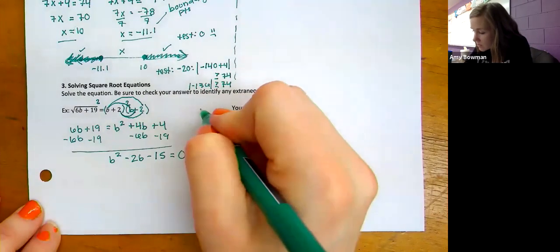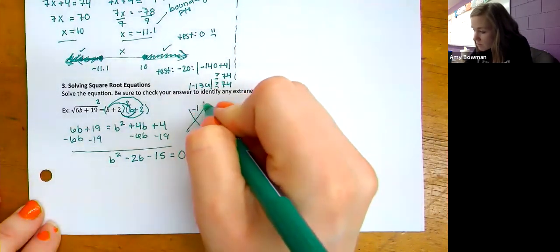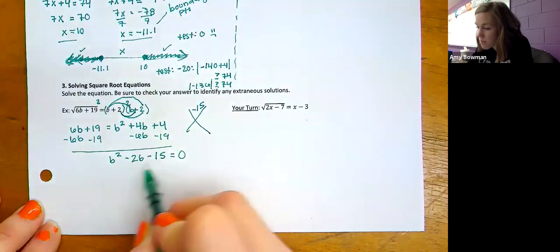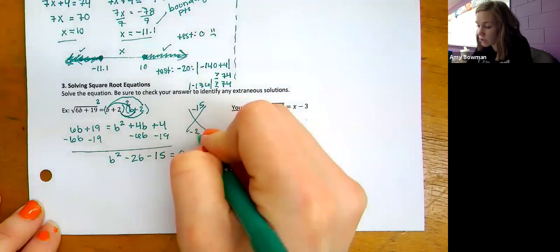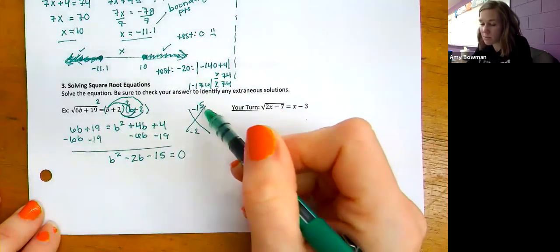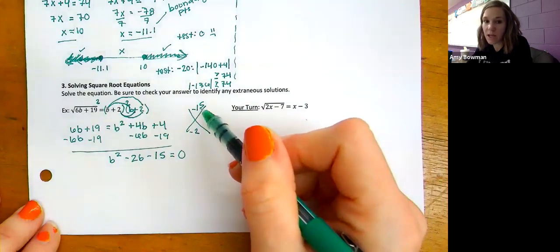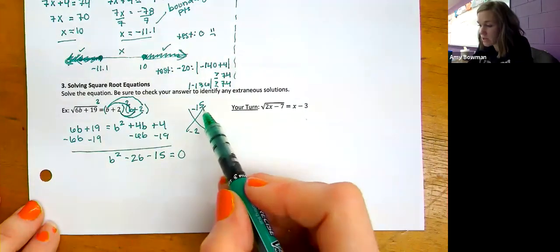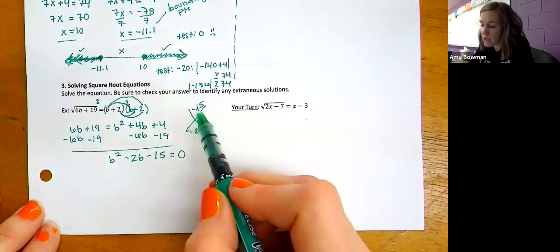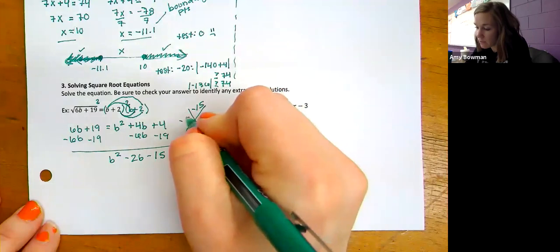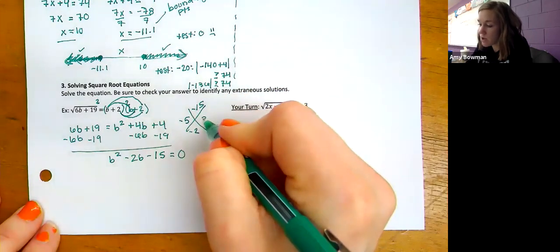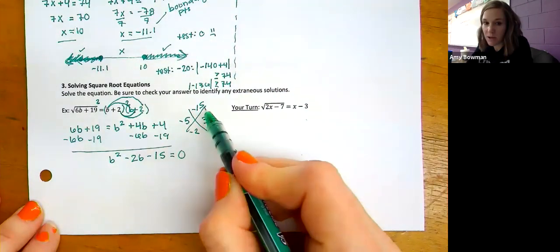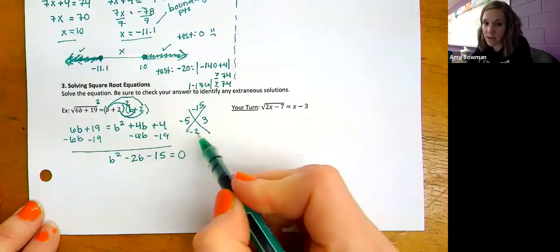So let's review that. I'm looking for two numbers that multiply to negative 15 but add to negative 2. The only sets of numbers that multiply to 15 are 15 and 1, and 3 and 5. If I want it to multiply to negative 15, that would work with the 3 and 5, because if the 5 is negative and the 3 is positive, those two things multiply to negative 15, but they add to negative 2.